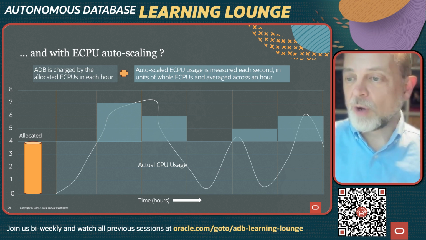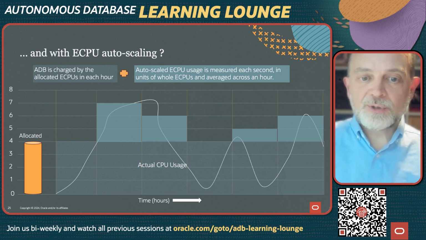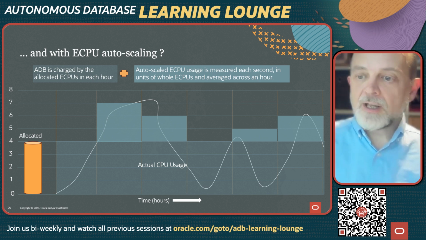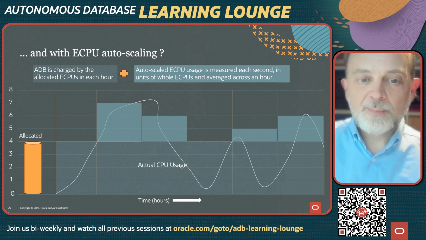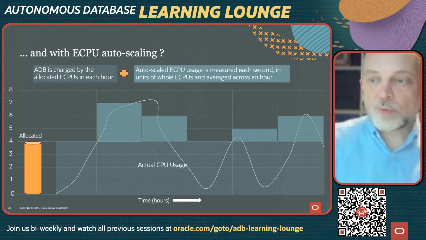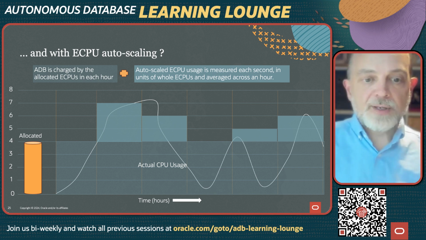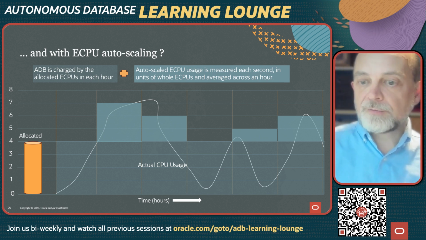It's a fairly complicated algorithm. So we measure eCPU by every single second. We average that over an hour, and then you get charged for those blocks. It's, as I say, a little bit of a complicated algorithm, but more or less it works out as a very effective way of being able to have extra CPU and only pay for what you use.